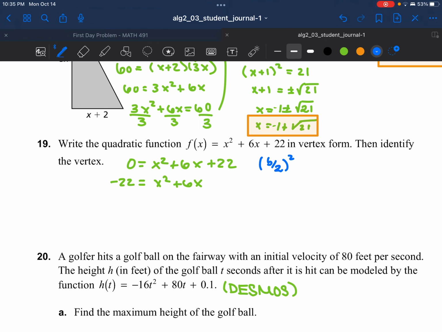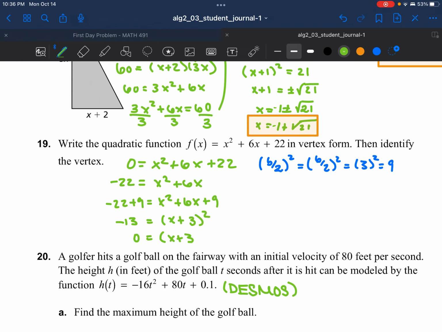We're going to complete the square, which is b/2 squared, which is 6/2 squared, which is 3 squared, and 9. So it's -22 plus 9 equals x squared plus 6x plus 9. Okay. -22 plus 9 is -13 equals x plus 3 squared. So 0 equals x plus 3 squared plus 13.